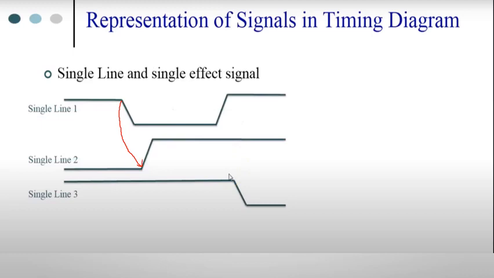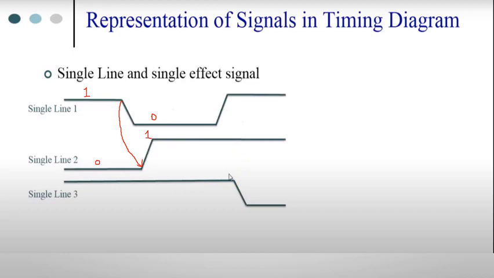Initially it is in 1 state, and when it goes to 0, what happens? Line 2, which is in 0 state, moves to state 1.